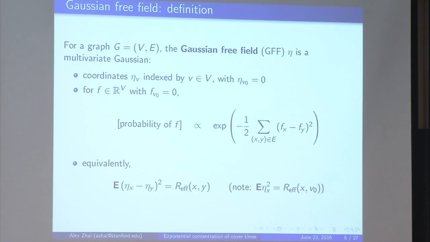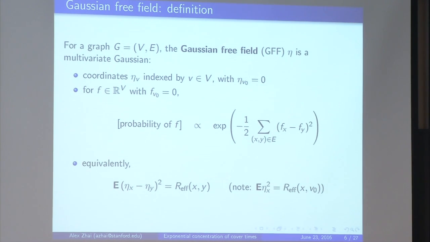The form that's going to be more useful to us is a different form, in which we just describe the covariances of these values. So I'm going to copy this down as well, because it'll be useful later.